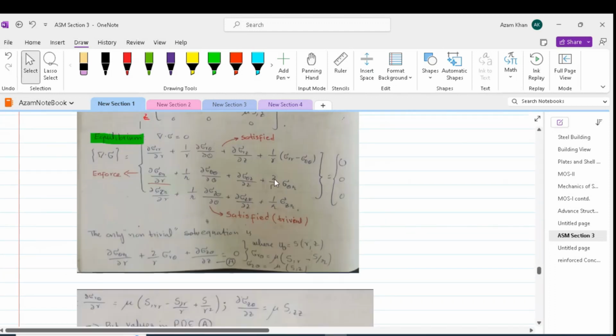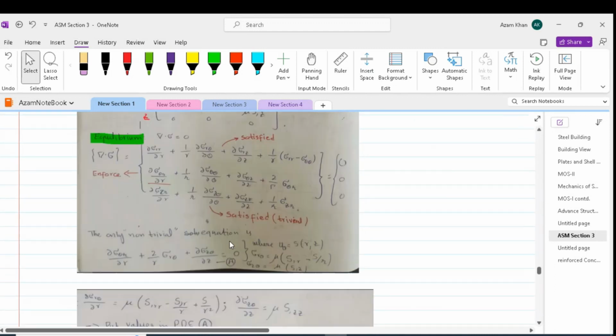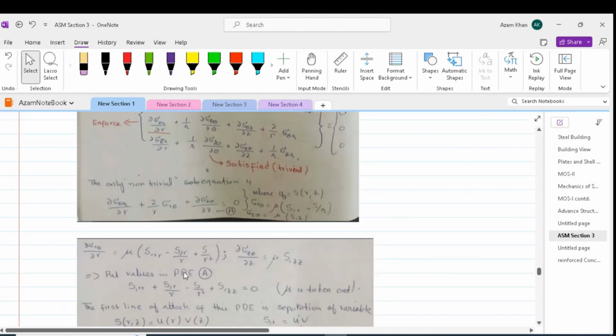So rewriting the second equation and calling it A. After this, we can find sigma theta r, which is mu (s comma r minus s by r), as per the stress tensor we have derived. Sigma z theta is mu s comma z.